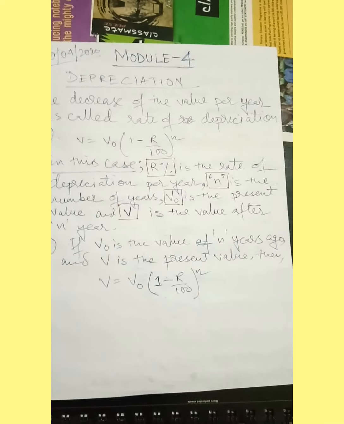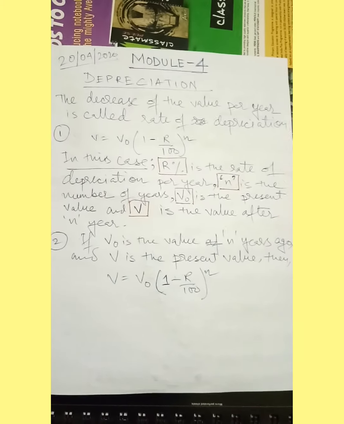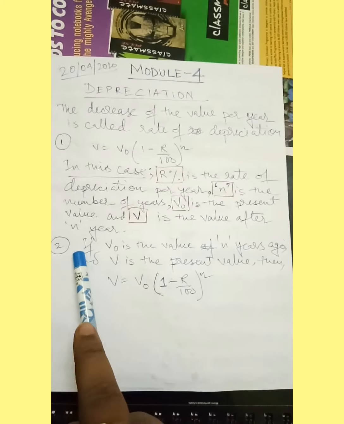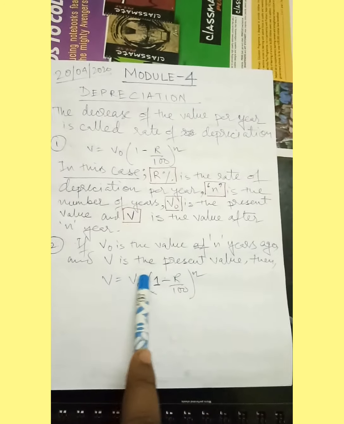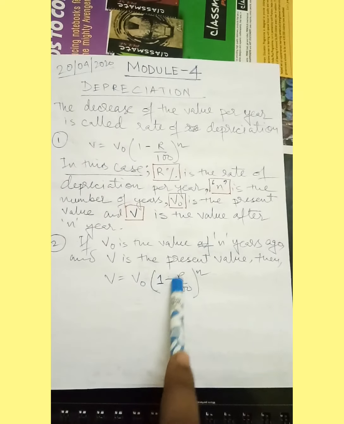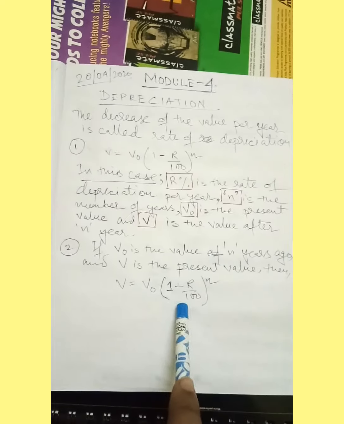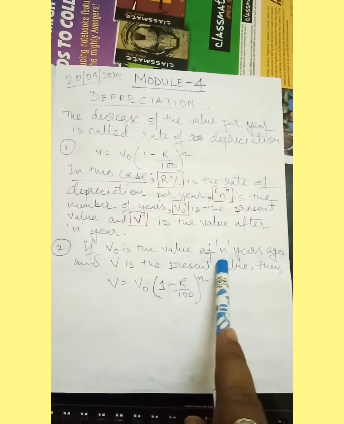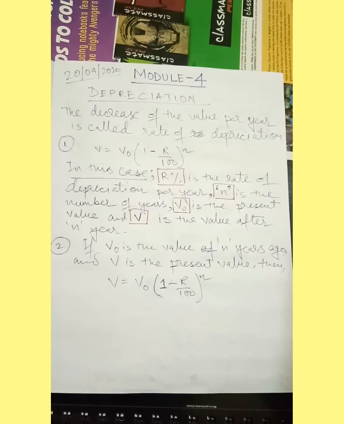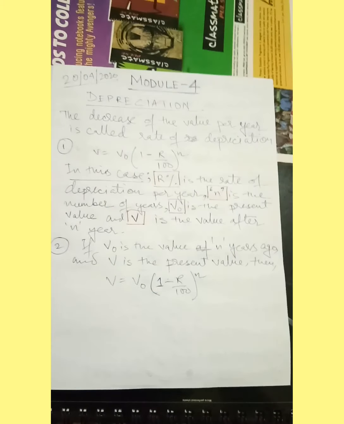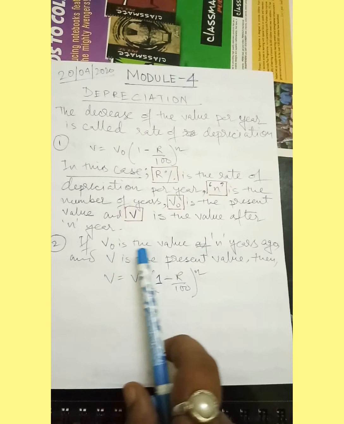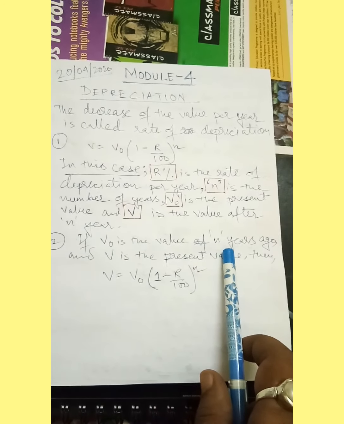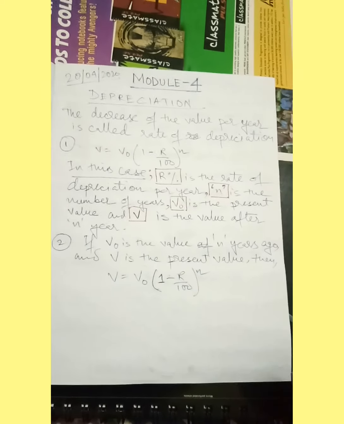Second part: if V0 is the value n years ago and V is the present value, then V = V0 (1 - r/100)^n. The formula is the same whether it is given as ago or after.